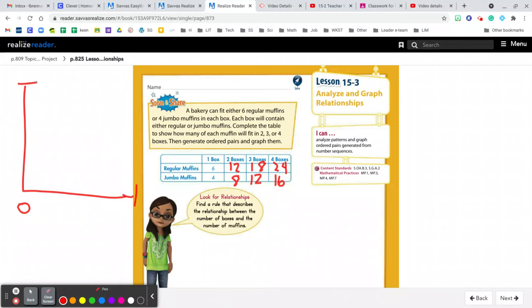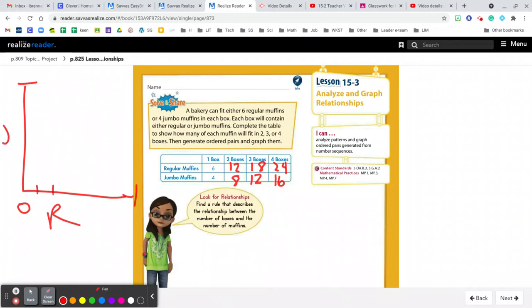I can put it on either side. I'll put my regular muffins down here. I'll put my jumbos over here.